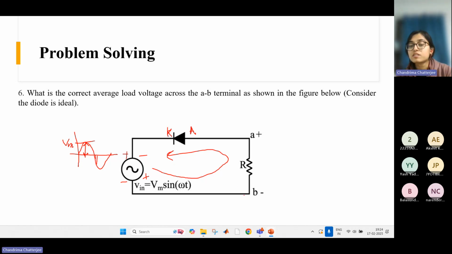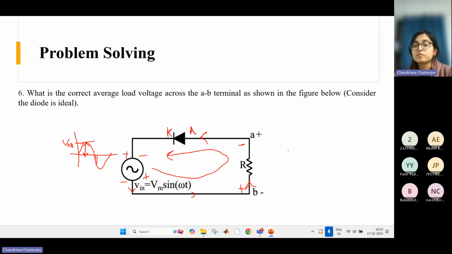So as the current flows from this point to this point, the voltage drop appears here. This point becomes more positive than this point, right? That we have understood.